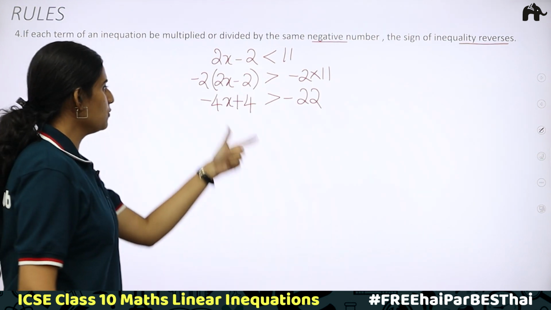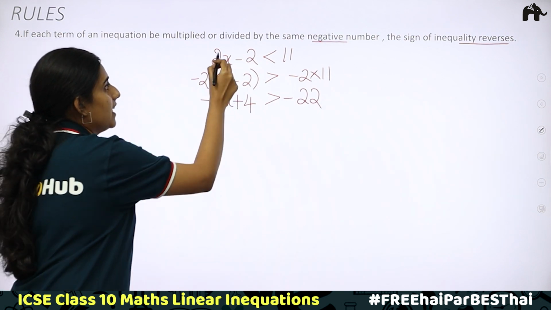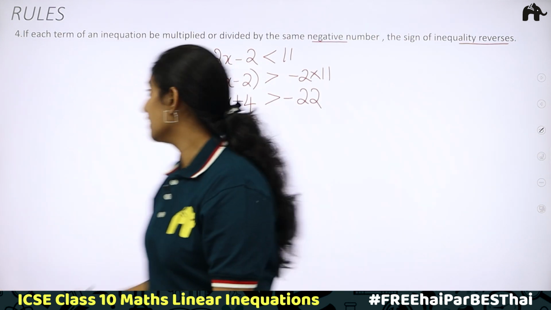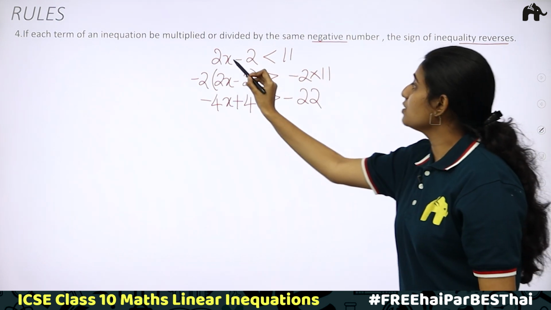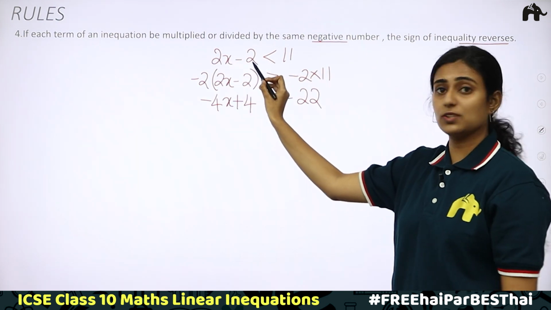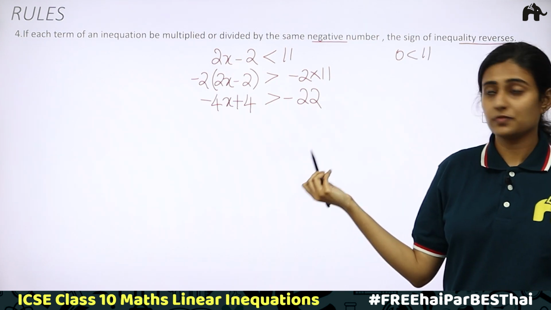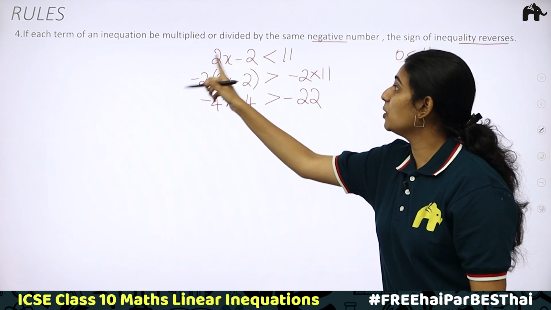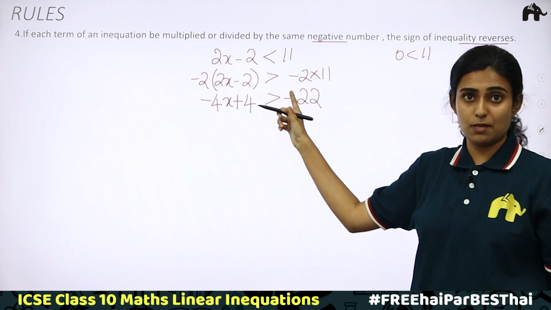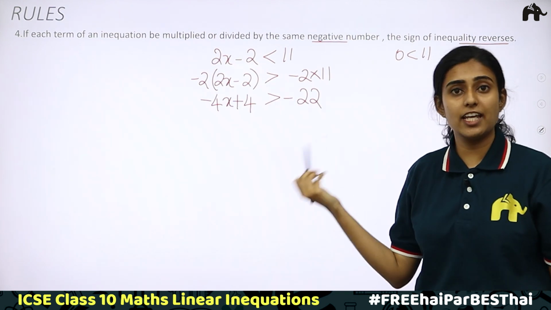Now putting a value for x, we can confirm if it is correct. Let us take x is equal to 1. When x is equal to 1, you will be getting 2 into 1, 2, minus 2, that is 0. 0 less than 11 is true. Okay. Now here what is done? We have multiplied both sides with the same negative number, and we have reversed the sign of inequality.